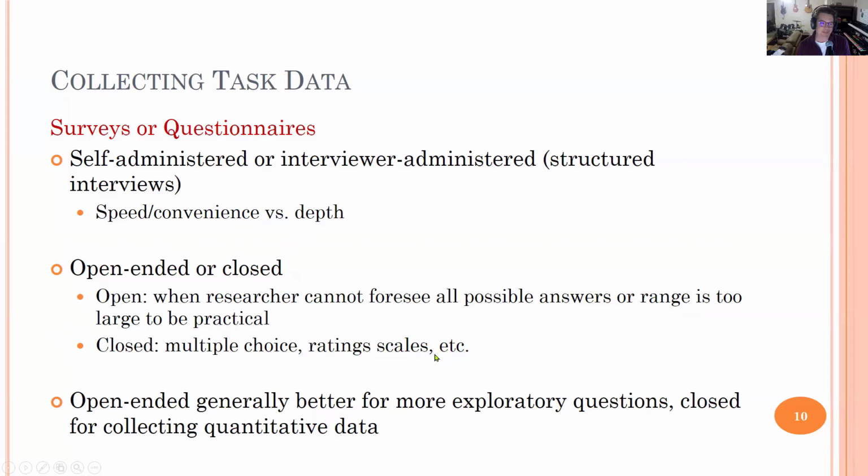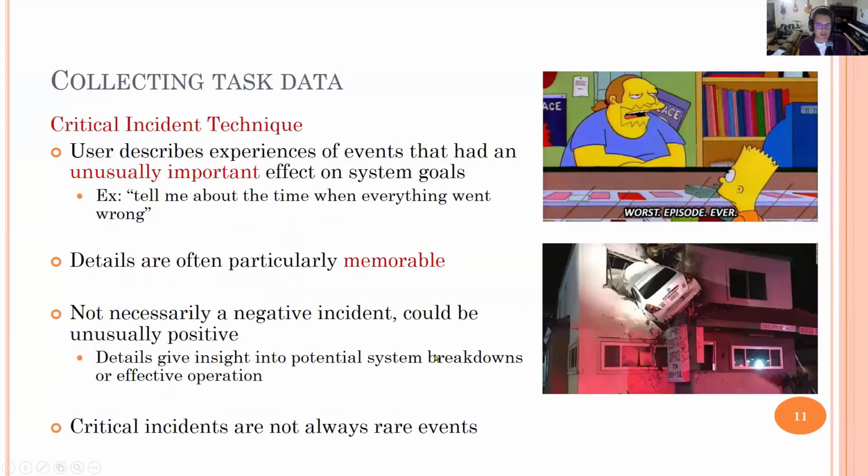Okay. Oh boy, the critical incident technique. So, you know, worst episode ever guy. That's all I wanted out of this. It's a whole animation here. But that's kind of the idea behind this technique. The critical incident technique assumes, and it's a pretty good assumption, that every single person has had either the worst day ever on the job, or maybe the best day ever on the job, or maybe both.